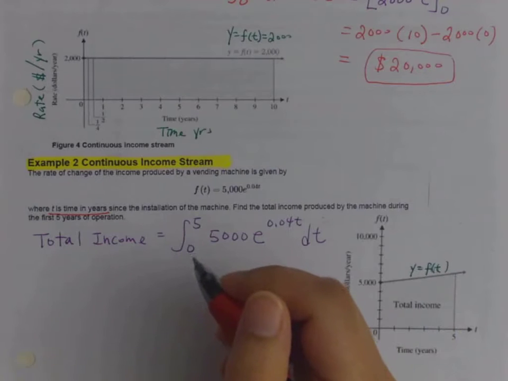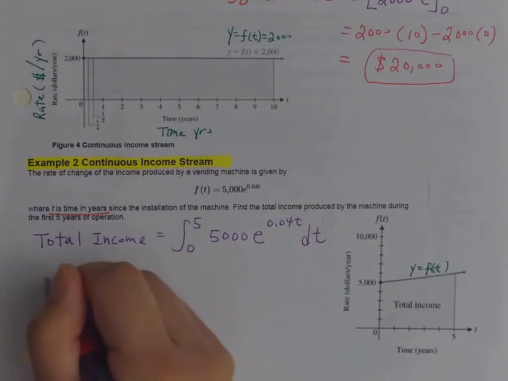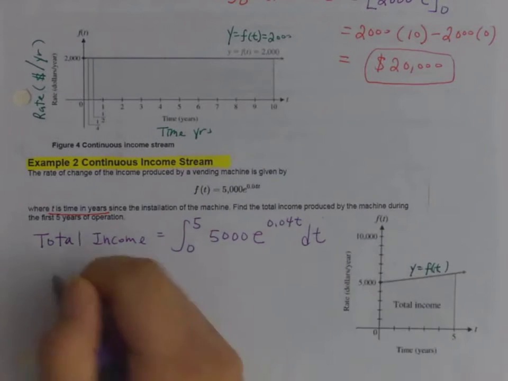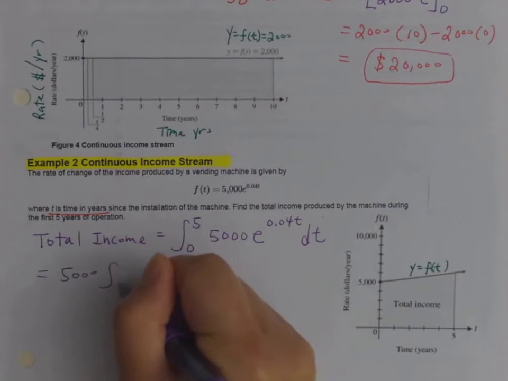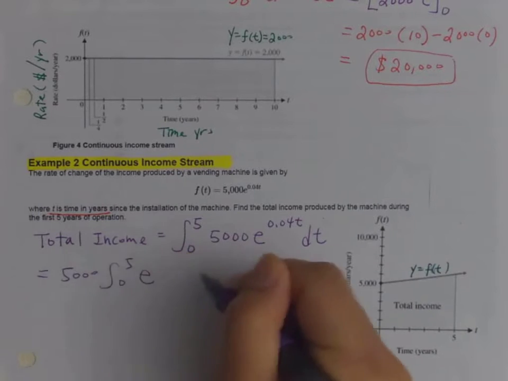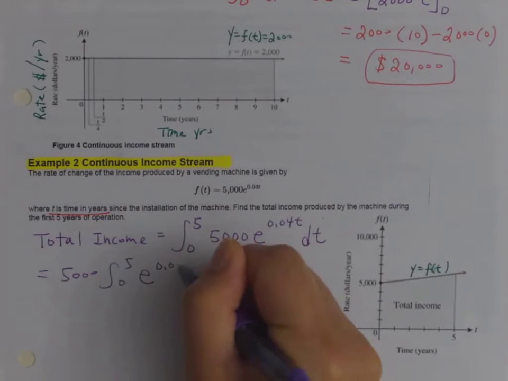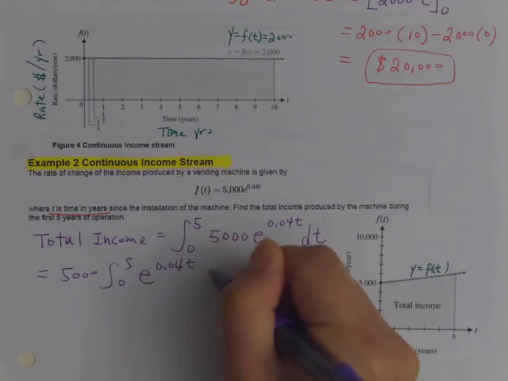We can pull out the 5,000 first. So it equals 5,000 times the integral from 0 to 5 of e to the 0.04t dt.